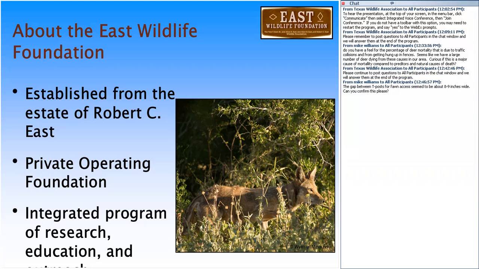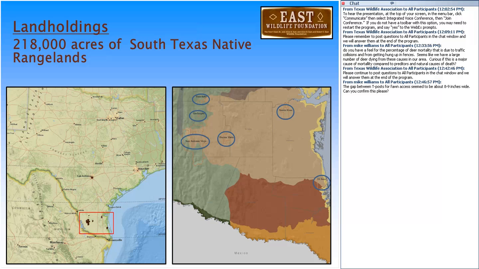And then, as promised, I want to say just a little bit about this East Wildlife Foundation, because the East Wildlife Foundation is really set up to do some neat things here in Texas. It was originally established as a private operating foundation from the estate of Robert East, and is designed to integrate research, education, and my slide got cut off there, but certainly a lot of research and education to support their missions.